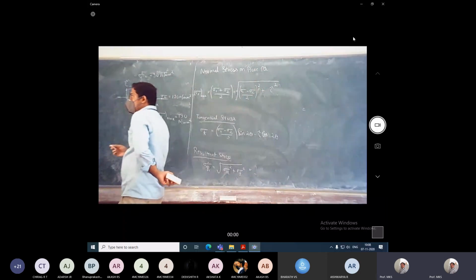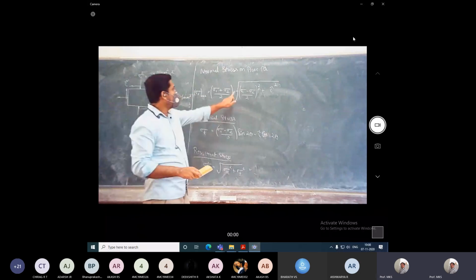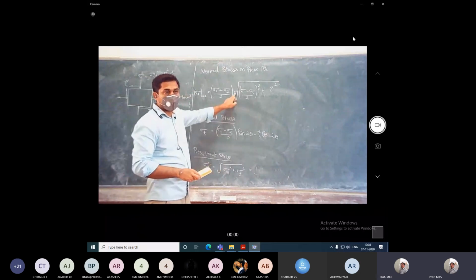This is the maximum normal stress equation, so this is what we derived. Maximum and minimum: for the minimum, instead of plus you will get minus here.